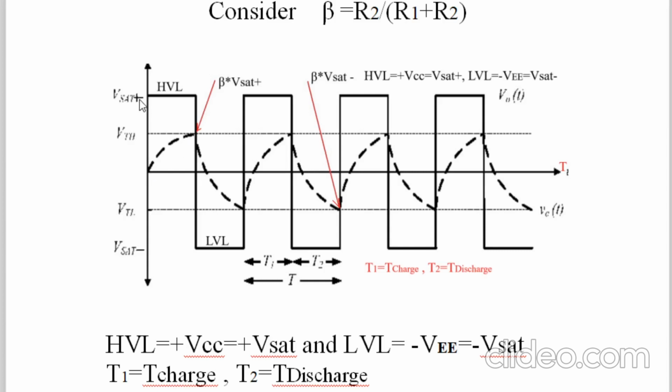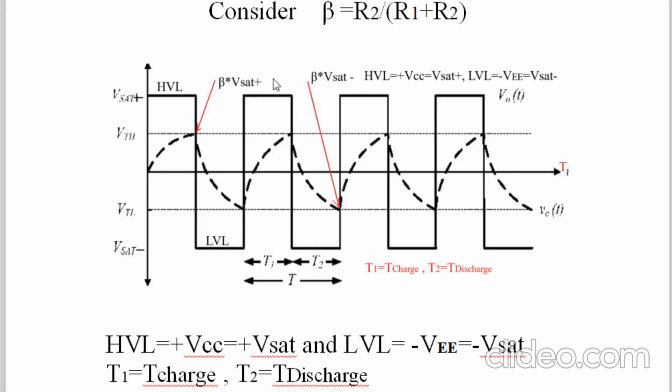Therefore, the output was HVL, and that HVL, plus 12 volt, was charging the capacitor from 0 to +6. So during charging time, HVL is maintained at the output. During discharging time, LVL is maintained at the output.